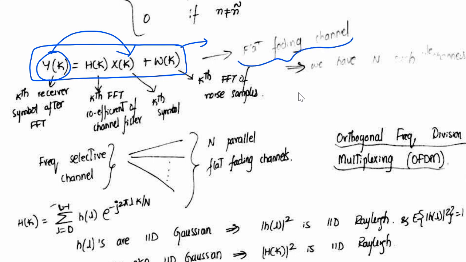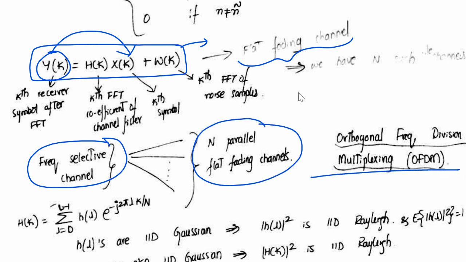So when we had a frequency selective channel, with certain operations like DFT and IDFT at the receiver and the transmitter, the effective operation is that it converts the frequency selective channel into N parallel flat fading channels, in the case of OFDM. So I hope this concept is clear.